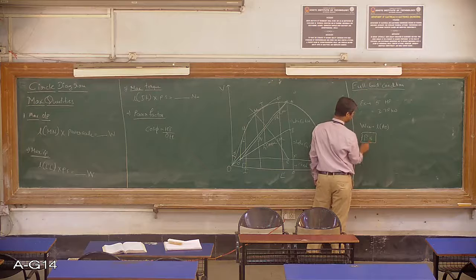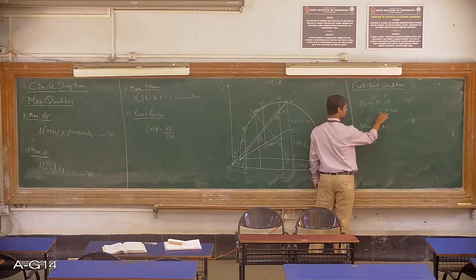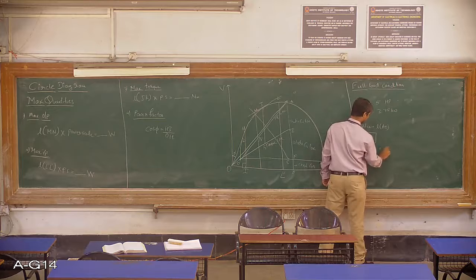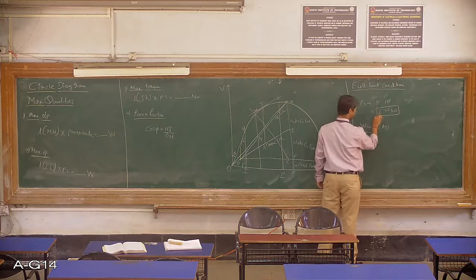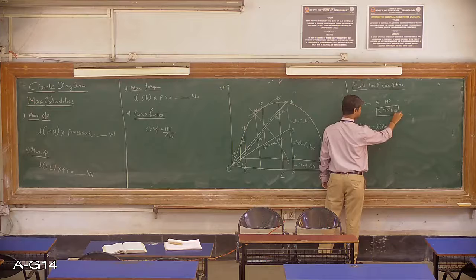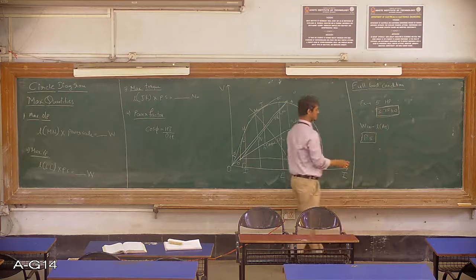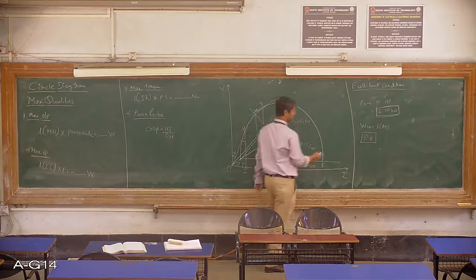Okay, now we know the power scale, we know the actual output of the machine, so we can convert this output into centimeters in the graph sheet.